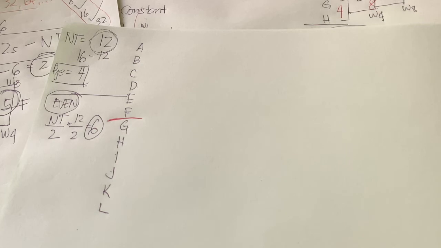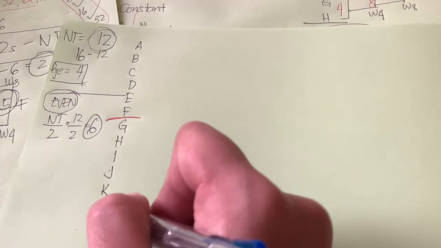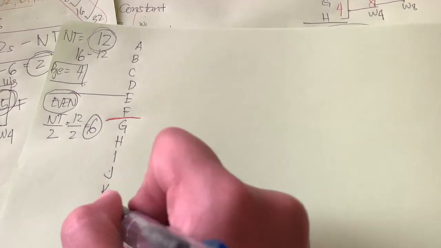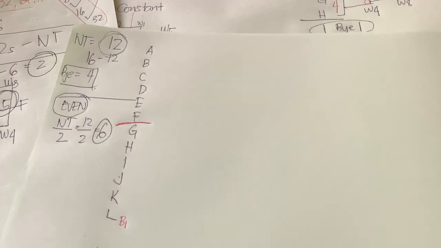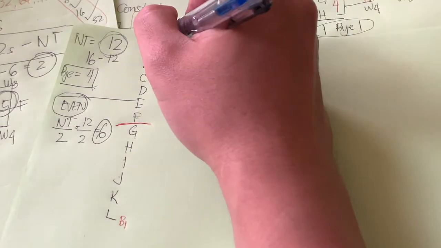You have to put buy number 1 on the last team of the lower half. So this is buy 1. Again, last team on the lower half. Buy 2 is the first team on the upper half. Okay, we have 1, we have 2.